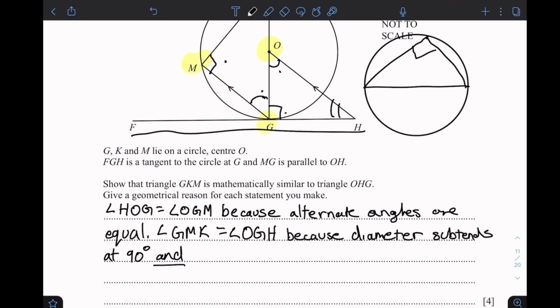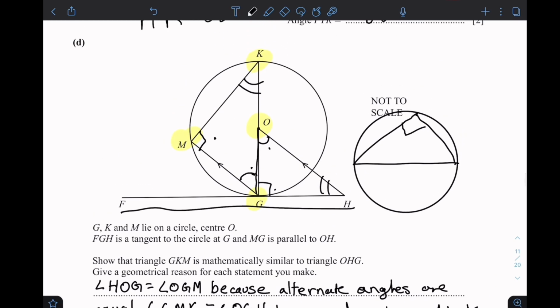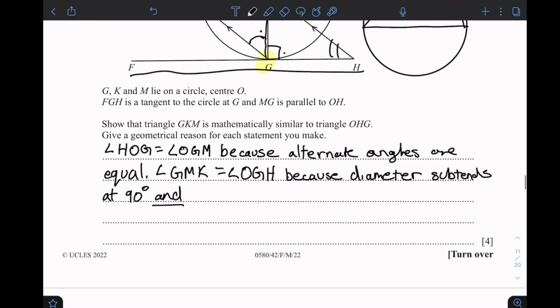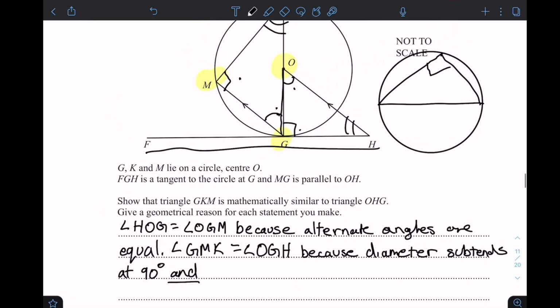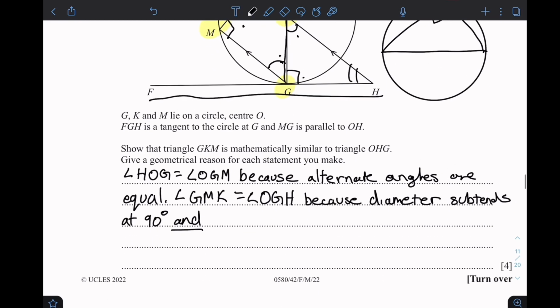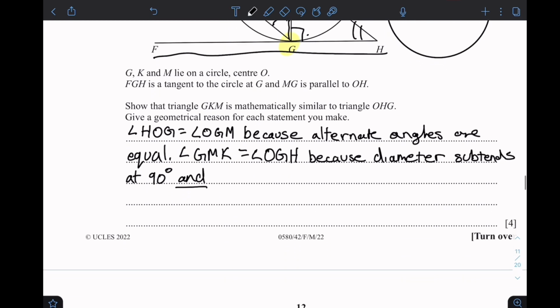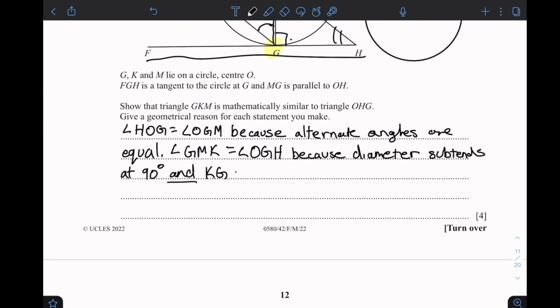So this is the tangent and this is the diameter slash radius. Okay, radius is just OG and diameter is KG. So you can say radius is perpendicular to tangent or diameter is perpendicular to tangent, which makes OGH 90 degrees, and KG is perpendicular to FGH.